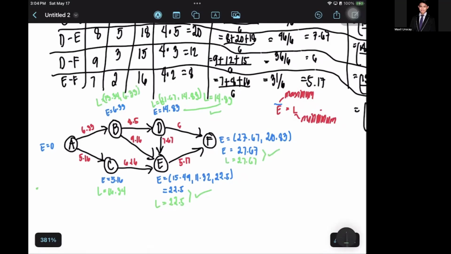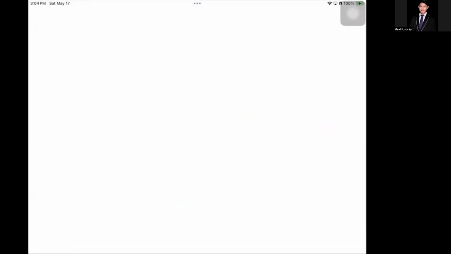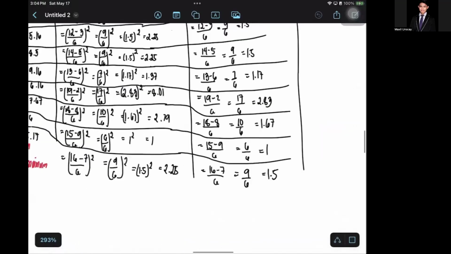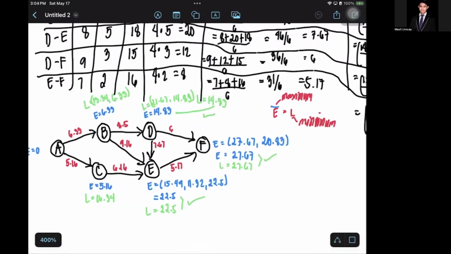So therefore, your L that we can choose is 6.33, because we are going to choose the minimum for the L, unlike the E, where we get the maximum. For the L, we're getting the minimum. So the minimum right now is definitely the L here, which is 6.33.